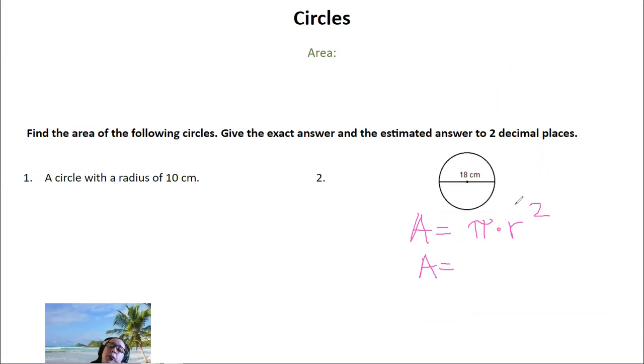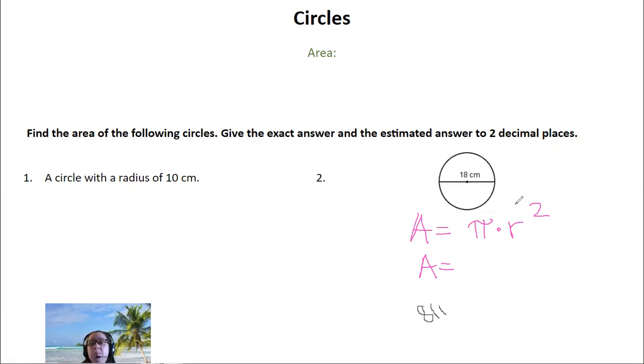What am I given there? Am I given my radius, or a diameter in number 2? I'm given a diameter, yeah.